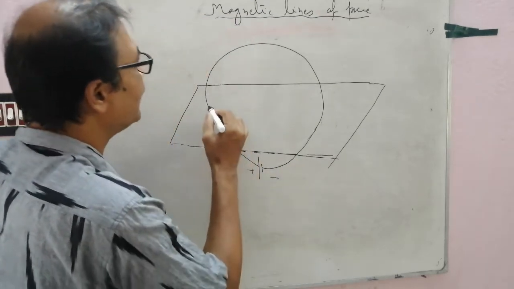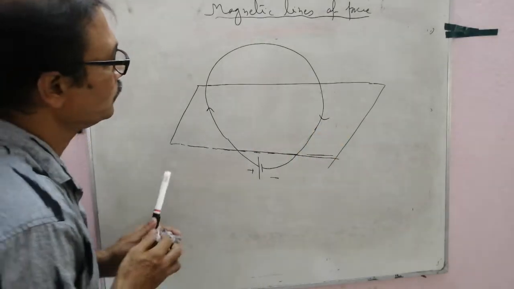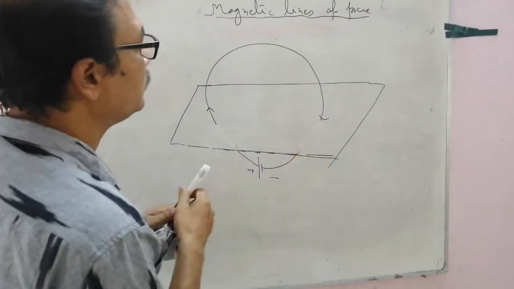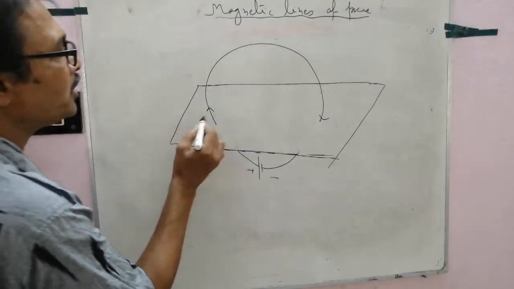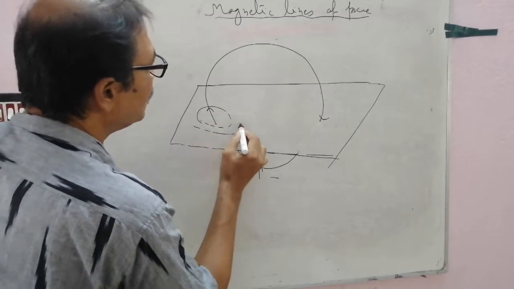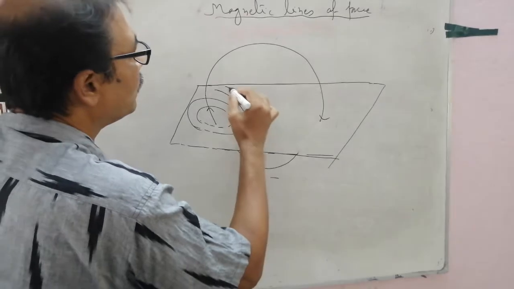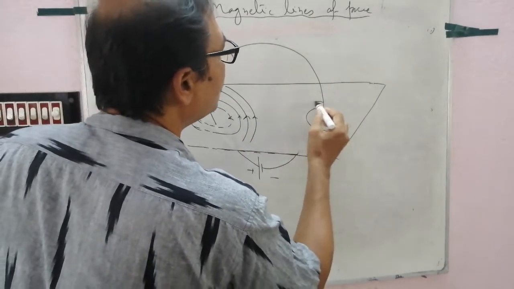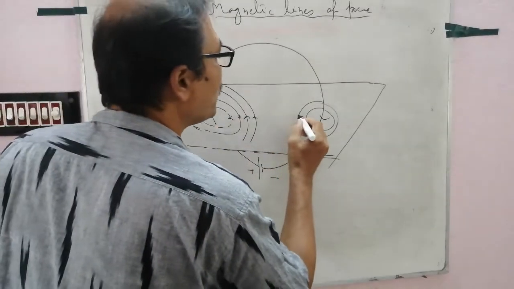This is plus, in this way the current flows. So for this portion the magnetic field is upward, and for this portion downward, so in the opposite direction.